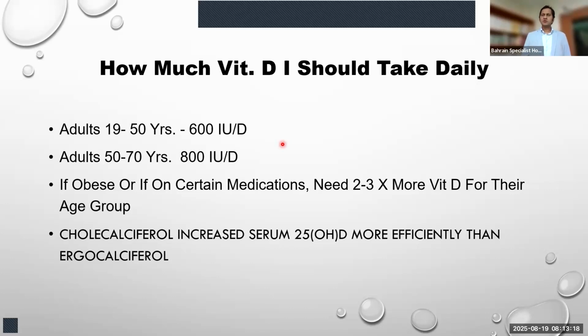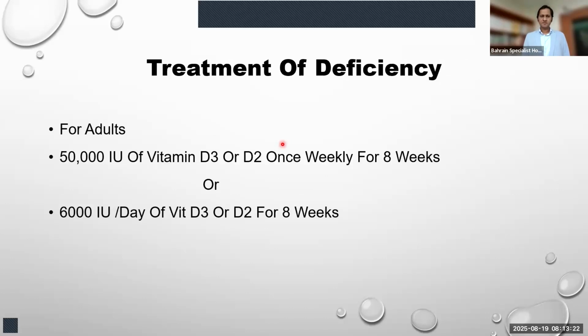There are two types of formulations in the market for vitamin D. For deficiency, we usually give 50,000 units once weekly for 8 weeks. If we compare daily dosing to weekly dosing, weekly dosing increases vitamin D more. Why is this so?